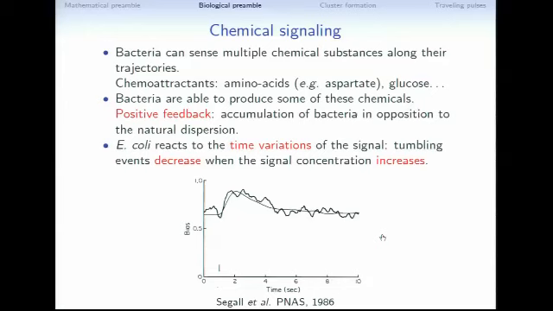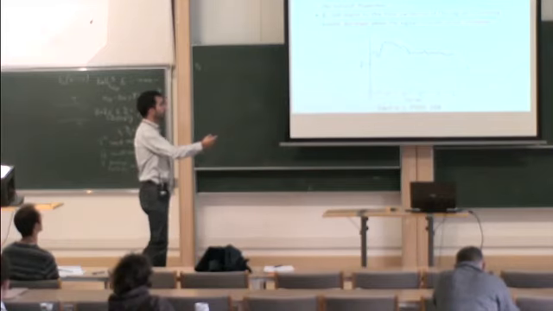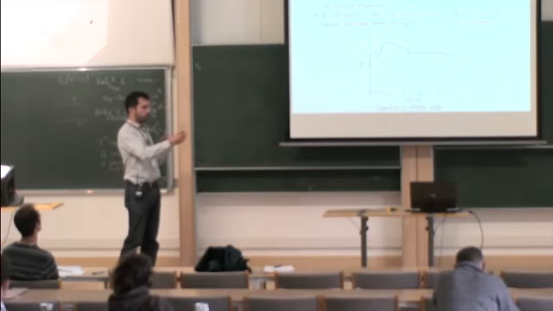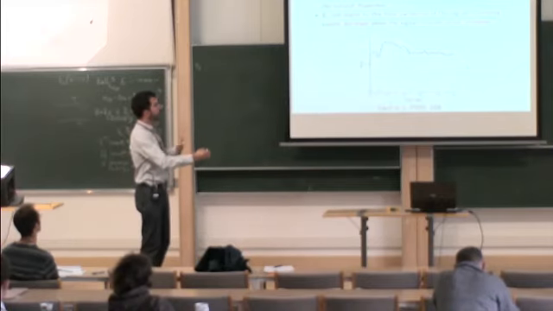And what is known about E. coli is that it reacts not directly to the gradient of chemical, because it is in some sense too small to measure properly a gradient. But more than that, it will be sensitive to time variation. So during the run phase, it will be able to measure somehow a difference between the concentrations at different points, because it moves, and then it makes some comparison, and then it decides.